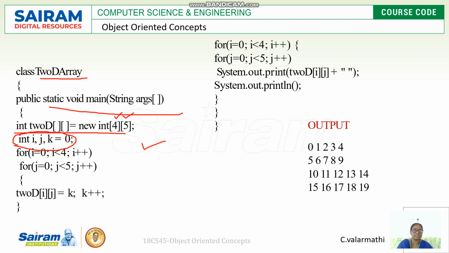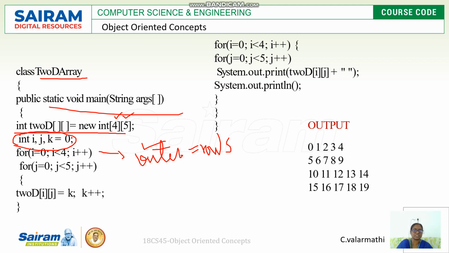Then, using two for loops, the first for loop is used for the outer cases. It shows the number of rows. So however many rows the two-dimensional array carries, that many iterations it will follow.